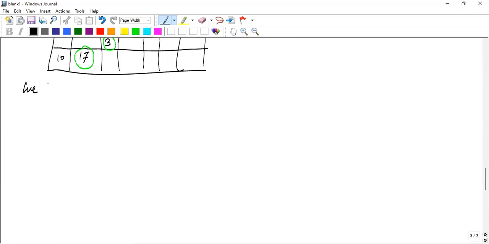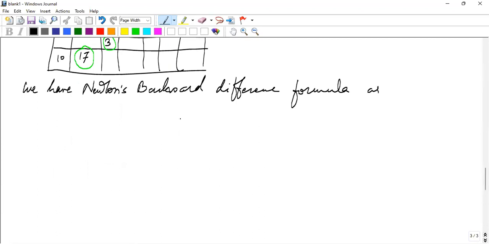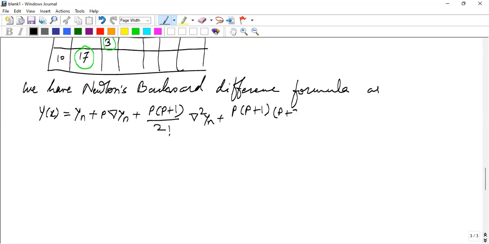We have Newton's backward difference formula as: y at x is equal to yn plus p times del yn, plus p into p plus 1 by 2 factorial del square yn, plus p into p plus 1, p plus 2 by 3 factorial del cube yn, and so on.